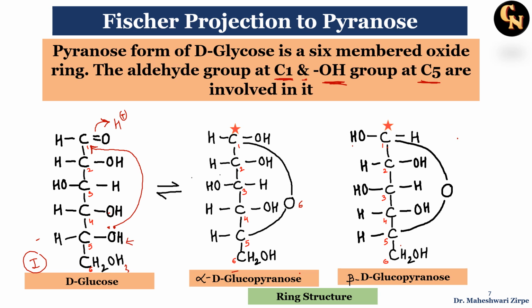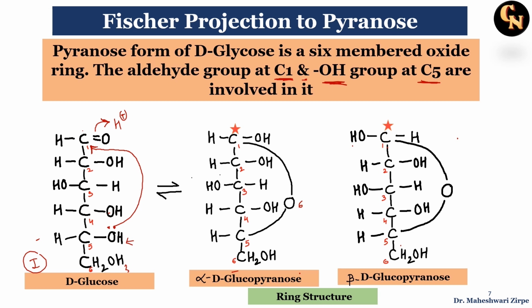Here I have shown one star. What does that star indicate? The aldehyde carbon, that is the first carbon, was not a chiral center at first, but once the oxygen electron pair made a bond with the first carbon, it converted into a chiral carbon.